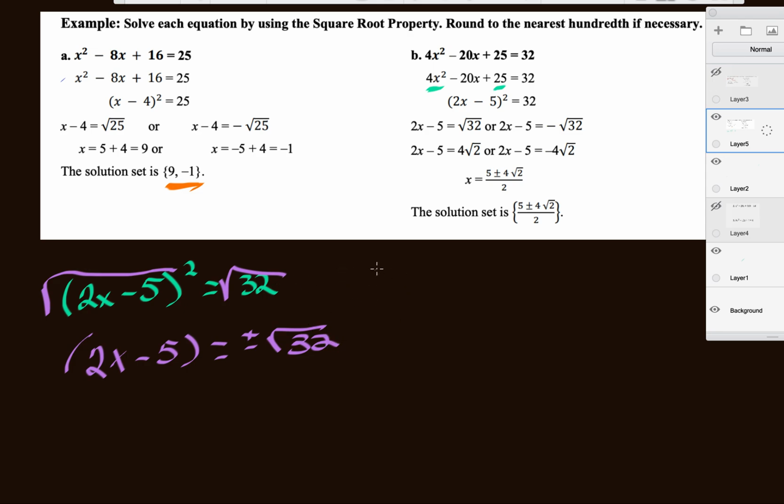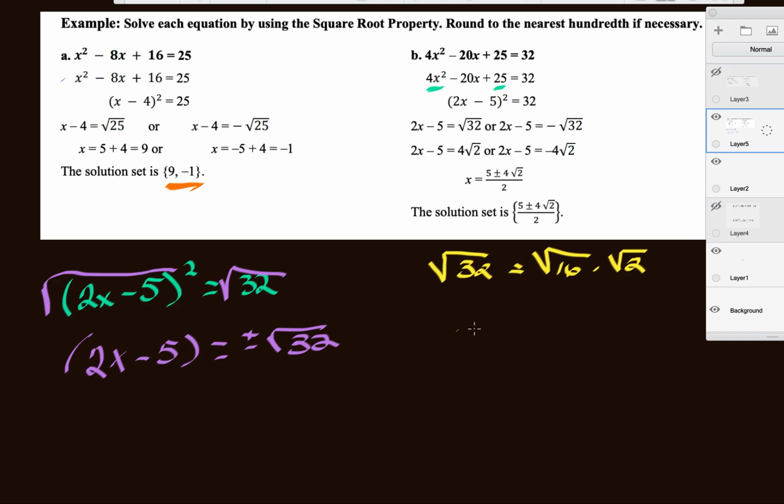Well, the square root of 32, and I'm going to do this over here, I guess I'll do it in a different color so we have this as a reference. The square root of 32 is the same as the square root of 16 times the square root of 2. Well, that's cool because square root of 16 has an actual value.